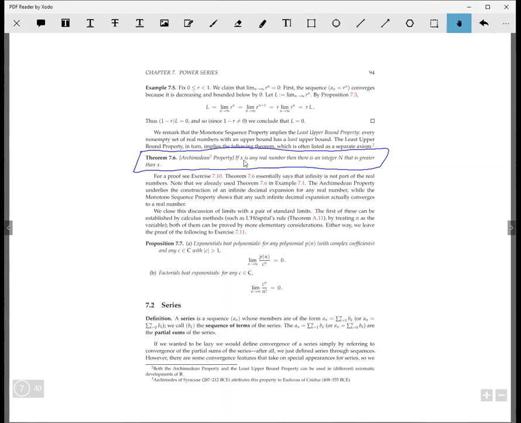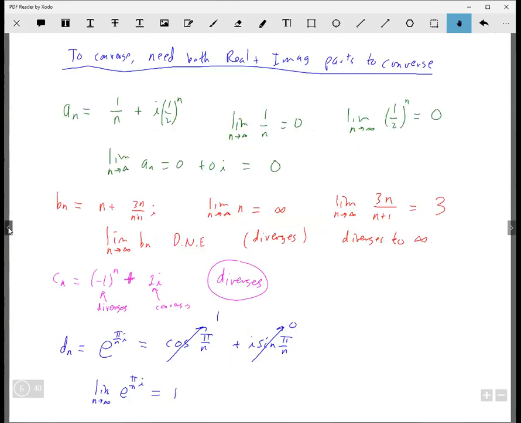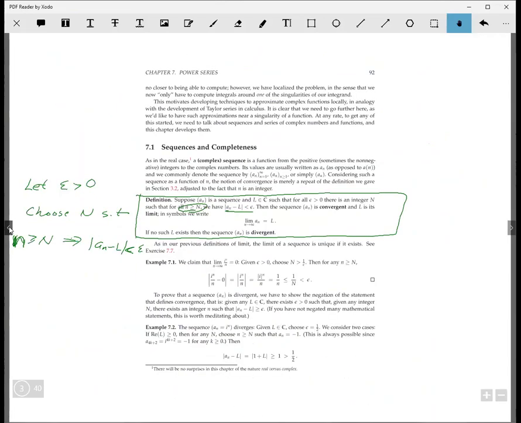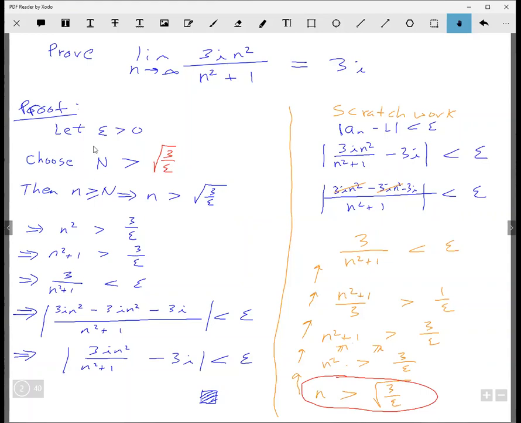No matter how big your number is, there's an integer that's greater than it. You can do that by just rounding up and adding 1, or rounding down and adding 2, whatever you feel like. And I definitely use that right here in this part of the proof.